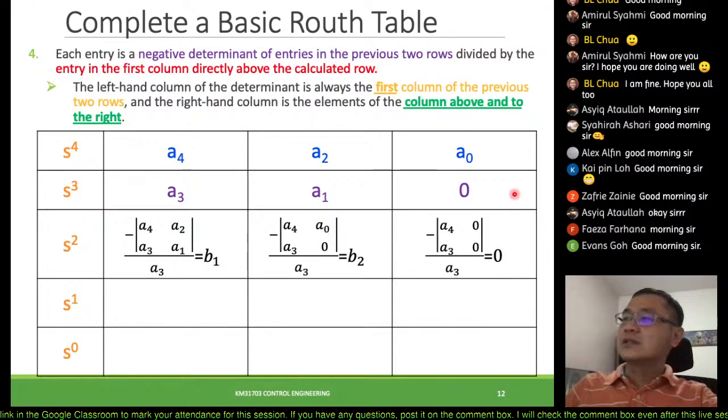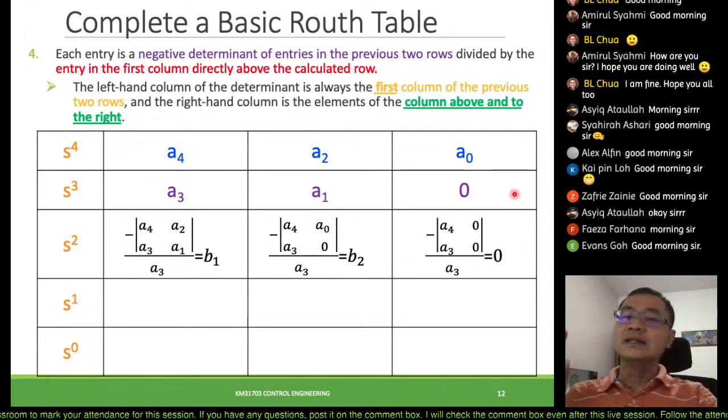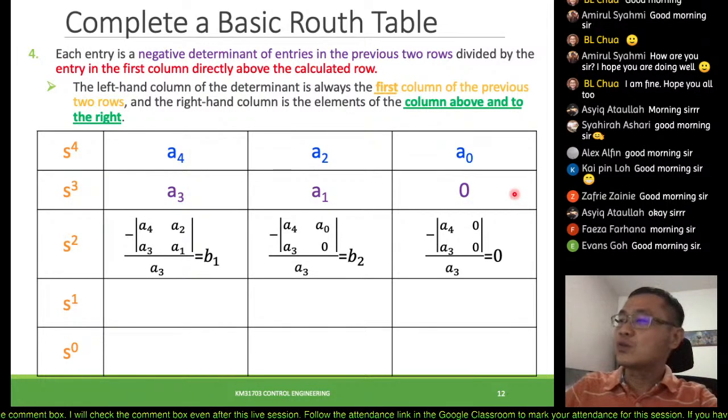So next, to complete the rough table, what we need to do is put in those values by doing certain operations.